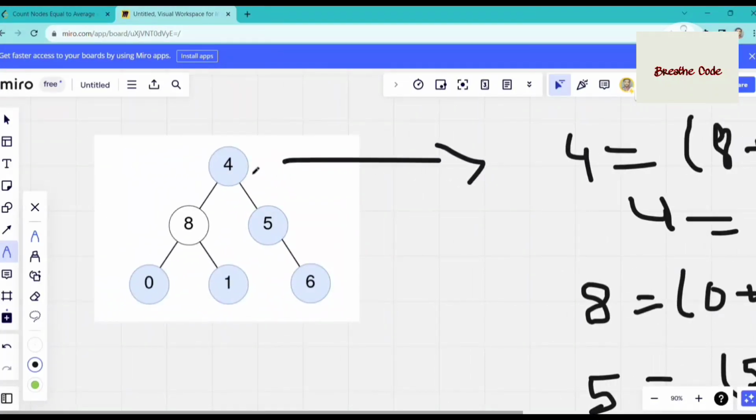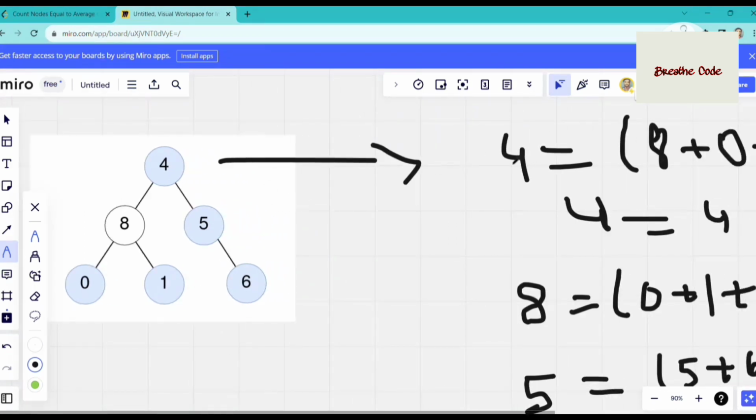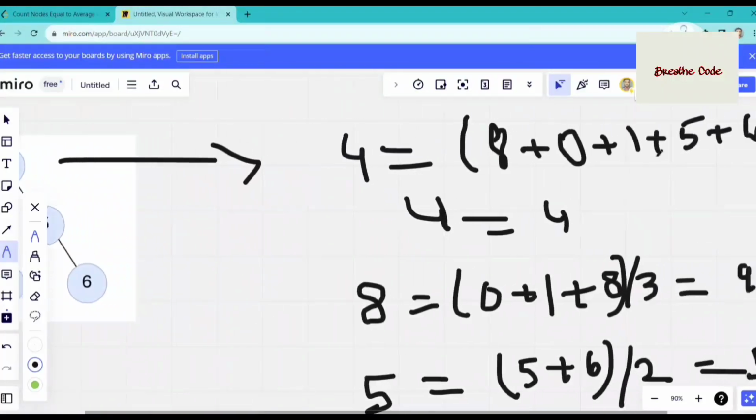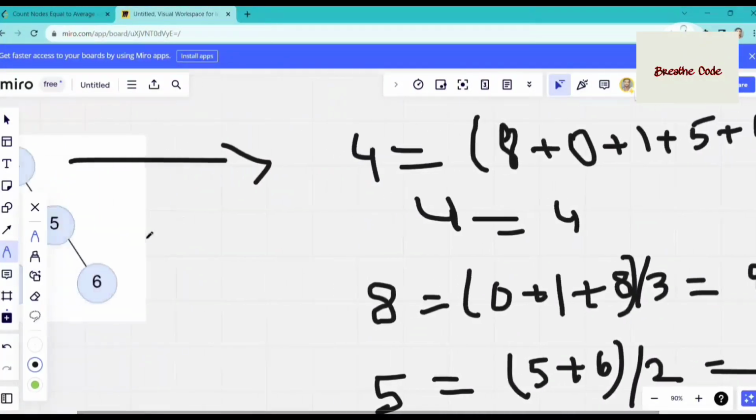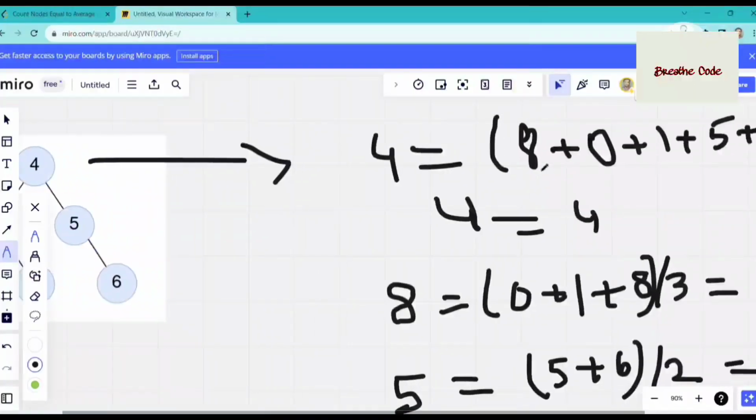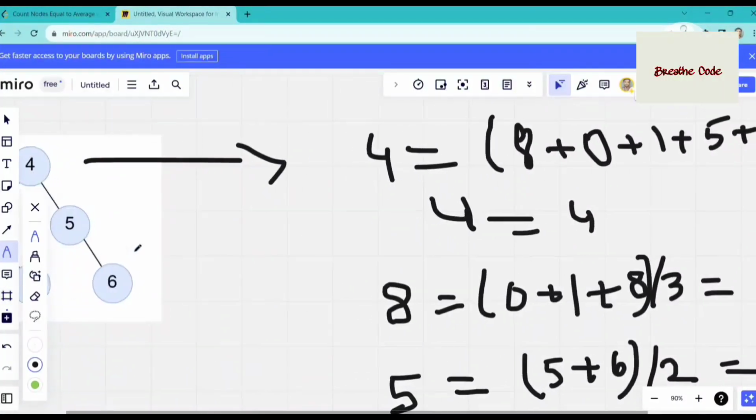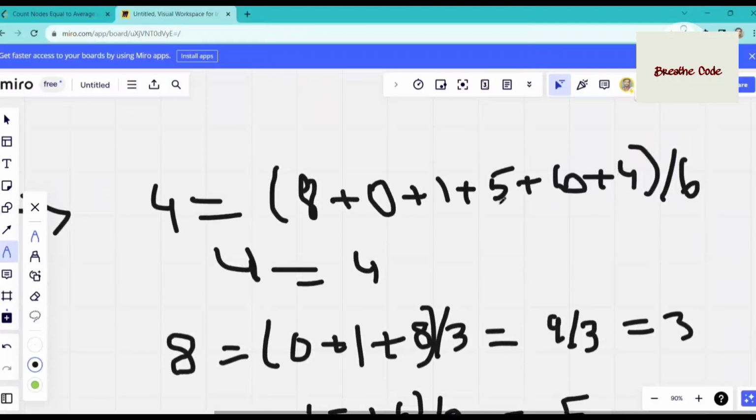Here, what the question states is that this is the root. The value of the root should be equal to the sum of all the nodes in its left subtree plus all the nodes in its right subtree plus the node's value, divided by the number of nodes. So 4 should be equal to 8 plus 0 plus 1 plus 5 plus 6 plus 4 plus 4.